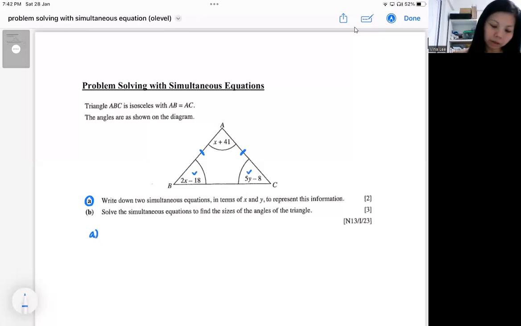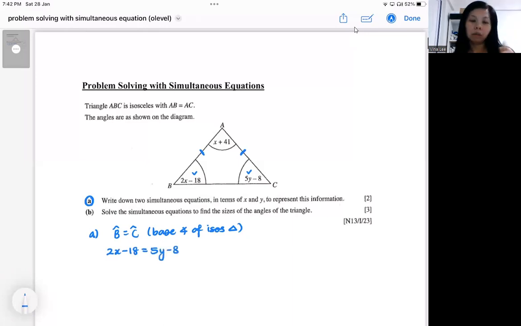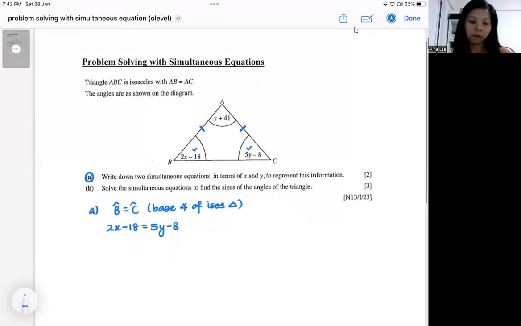So I will be saying something like angle B is equal to angle C because they are the base angles of an isosceles triangle. So we have to quote a reason why the two angles are the same. Okay, so this will be the first formation.